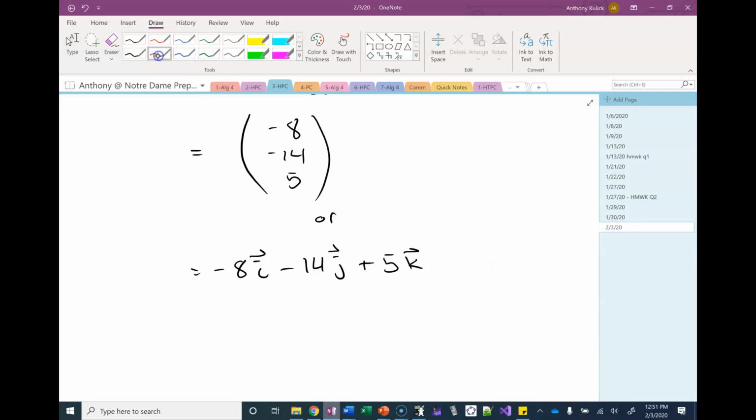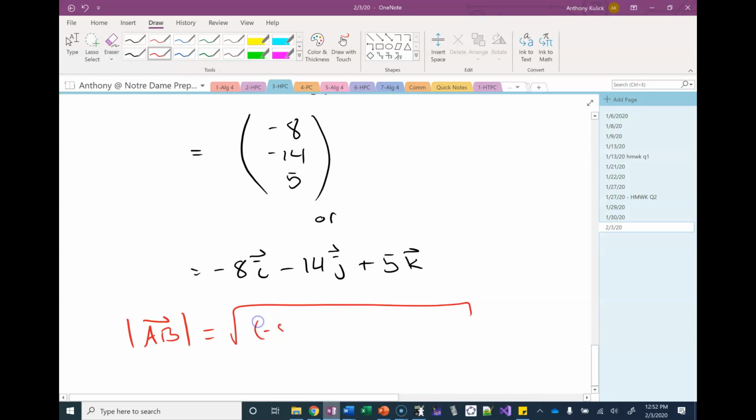Okay. What if I then wanted, say, the magnitude of vector AB? In 2 dimensions, how do we find the magnitude? Good. The square root of the first component squared plus the second component squared. So if we have 3 components, how's this going to change? Not much, right?